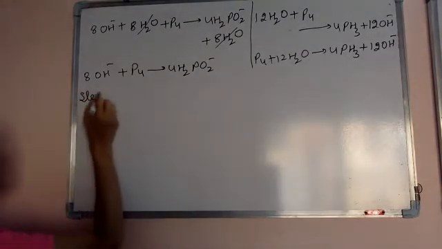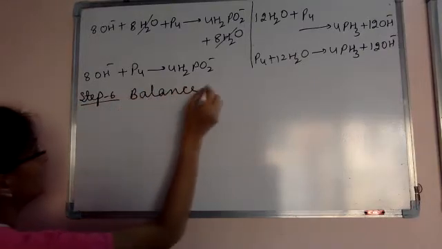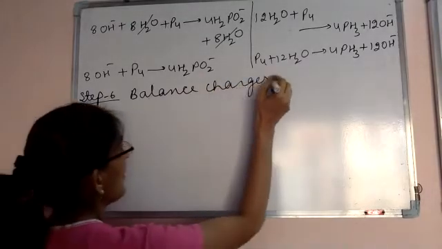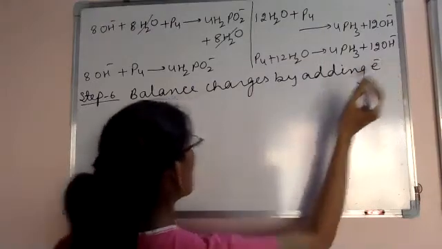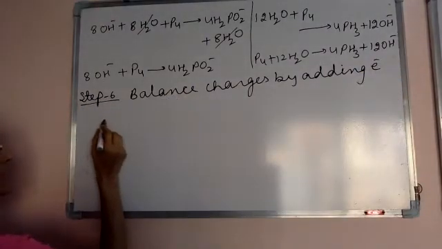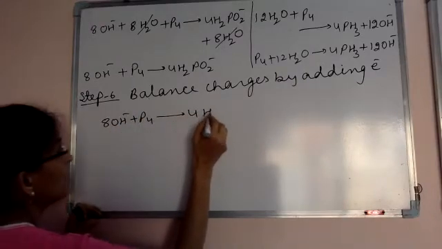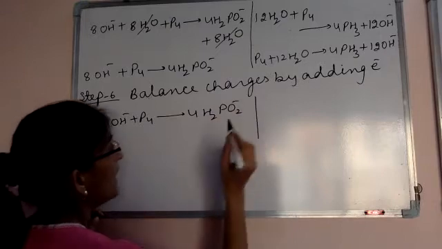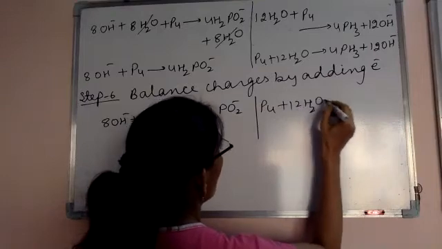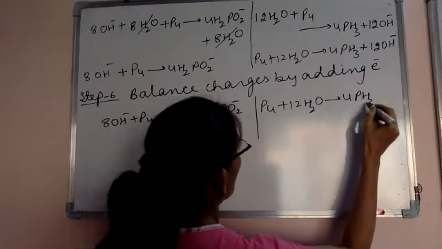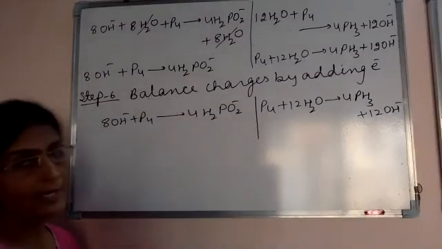First count, then add. 8OH minus plus P4 gives 4H2PO2 minus. The second equation becomes P4 plus 12H2O gives 4PH3 plus 12OH minus. Now we have to count charge and add electrons.